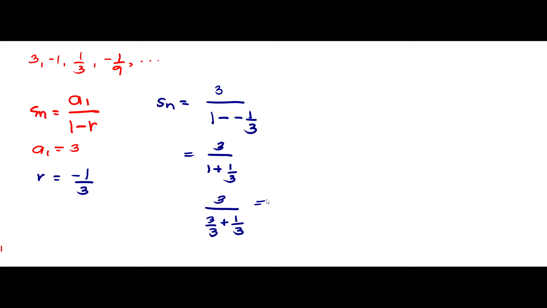So, that's it. So, magiging 3 over 4 over 3. Take note, ito yung nasa taas. So, ano mangyayari? 3 times reciprocal nito. Para di kayo malito, itong 3 na to, ito yan. Okay?